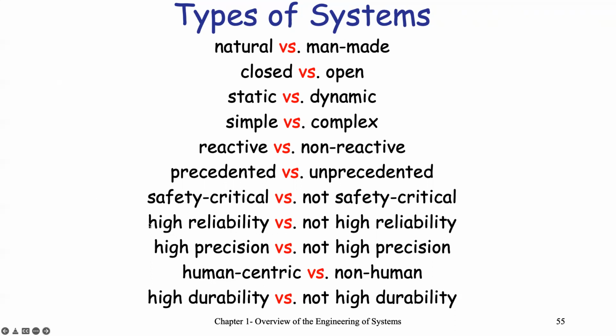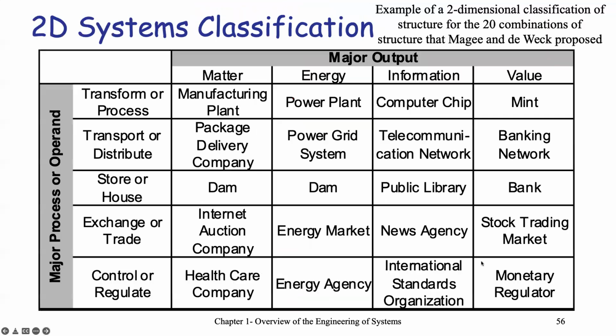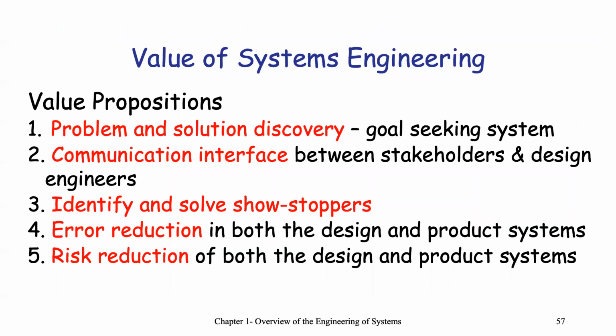That's going to impact what you're going to be doing. Is it human-centric, or is it going to be doing a lot of autonomous operation? Artificial intelligence is starting to have a higher impact on what you would be doing for a system. I'm not going to talk about this in detail. This is yet another tool that Buede talks about, and you can feel free to look over this and read about it in the textbook. I just left this in for completeness in these slides.